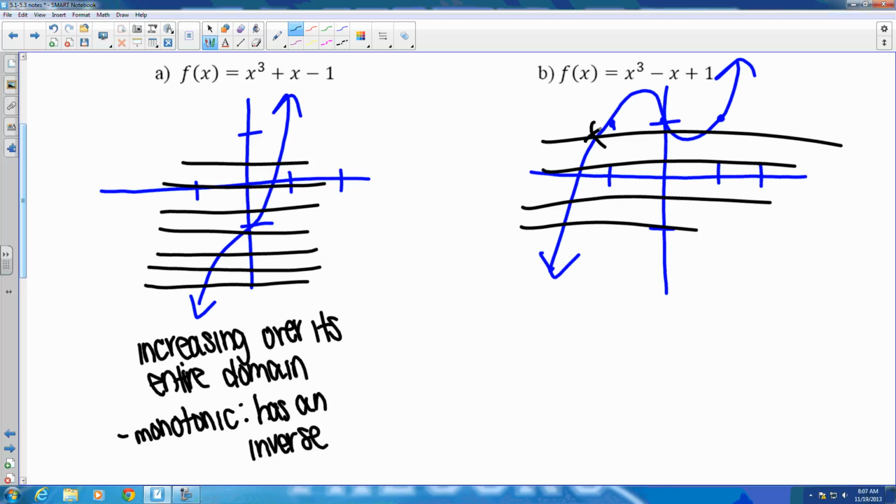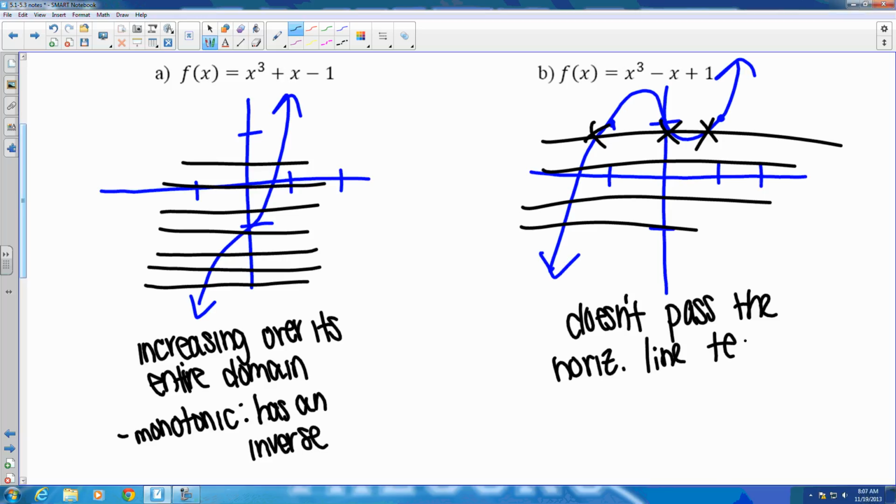That time we hit in 3 spots. So we can say that it doesn't pass the horizontal line test, which means it's not 1 to 1, which means it has no inverse.